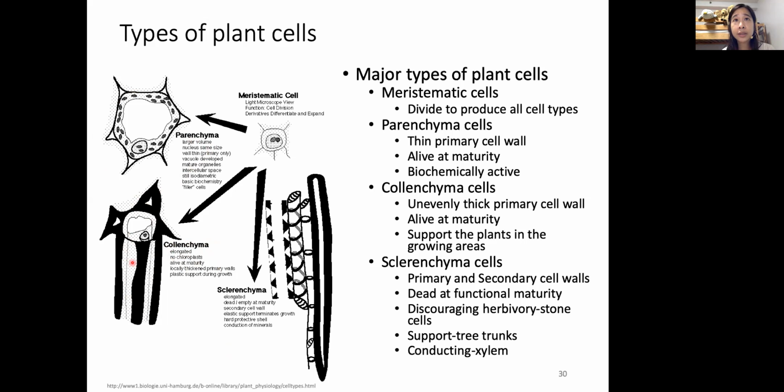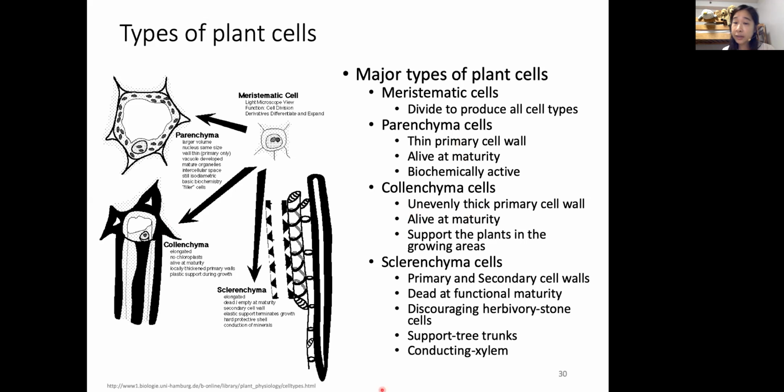This picture is quite more difficult to see, but later I or another instructor for the structural part will show you how this cell is different from parenchyma. Right here, you just need to know that it's an unevenly thicker primary cell wall compared to the parenchyma cells.